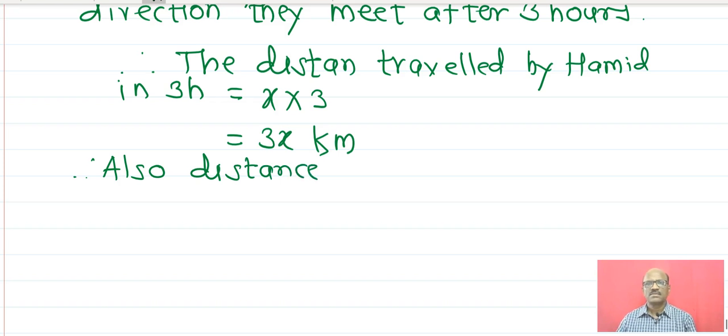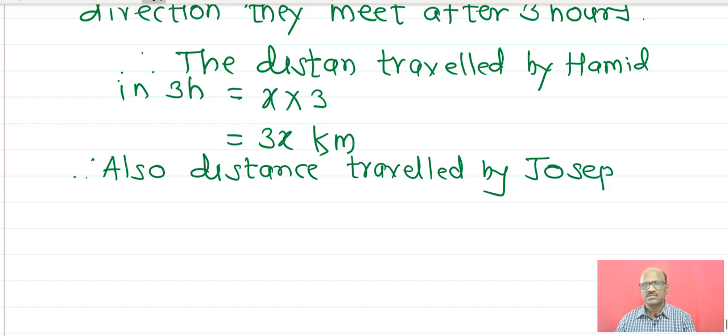And by Joseph, the distance covered is again speed into time, that is 3 hours, that is equal to 3y.